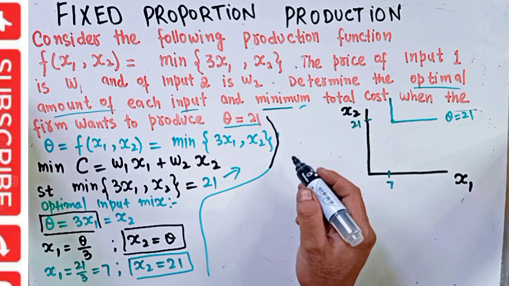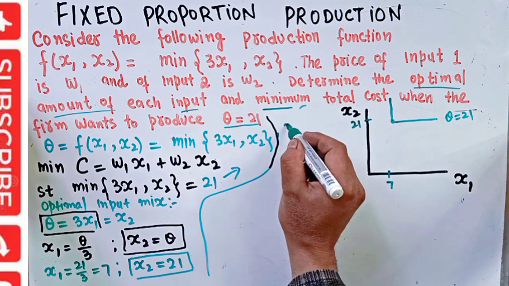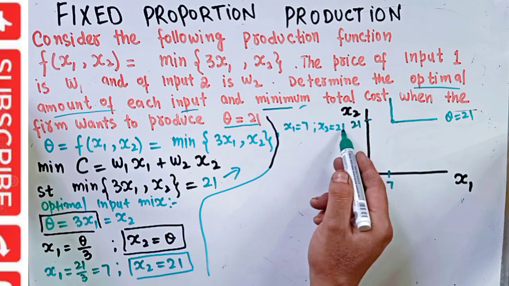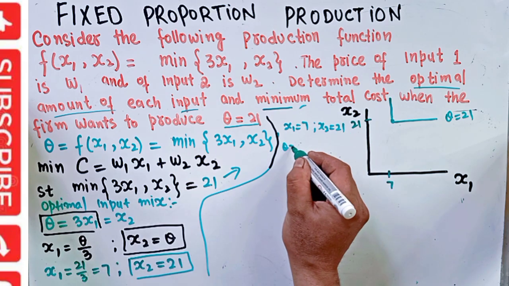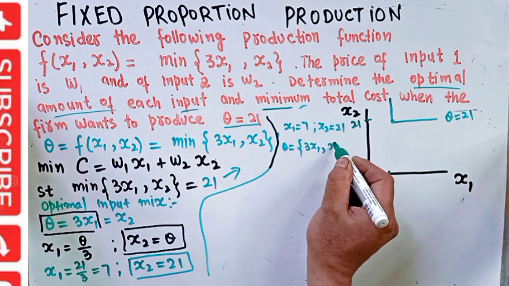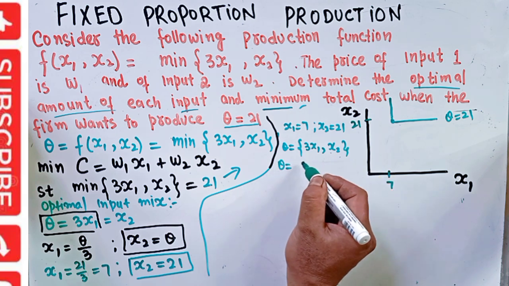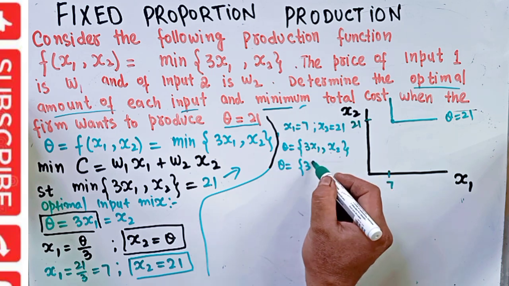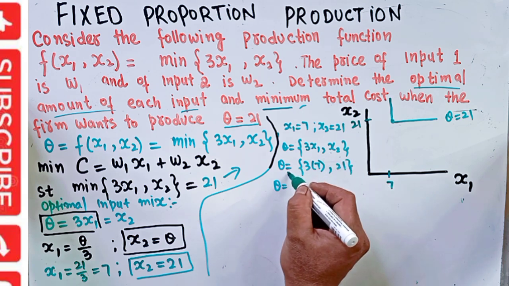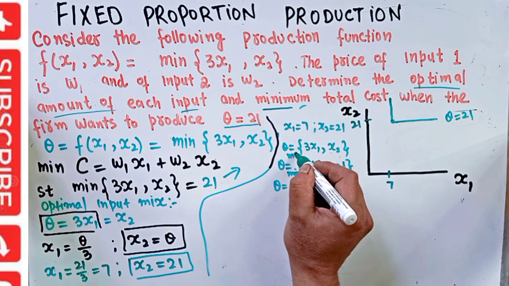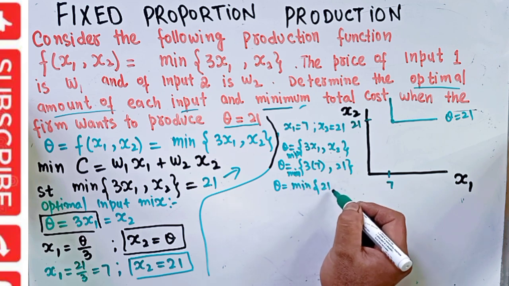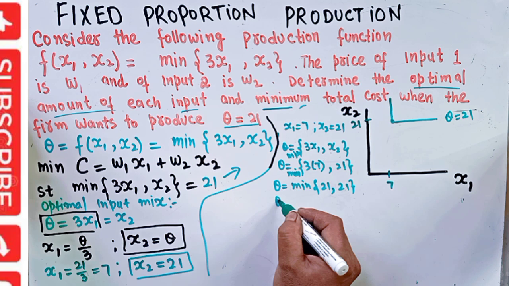To verify that this actually is our optimal input mix, we can substitute these values in our production function. Since x1 is equal to 7 and x2 is equal to 21, q will be equal to the minimum of 3x1 comma x2, so minimum of 21 comma 21, which comes out to be 21.